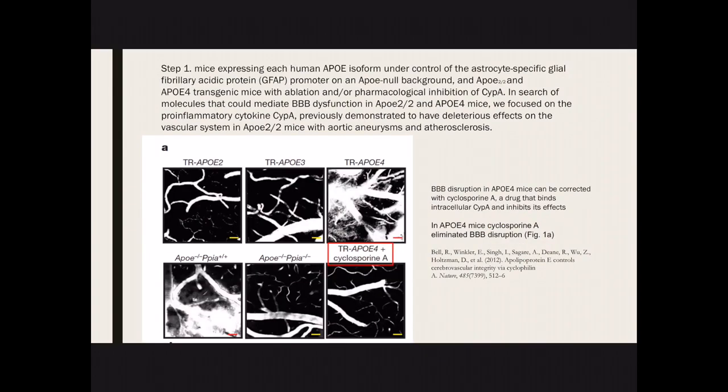In the next slide. Here is what you see when you have a leaky blood-brain barrier, and you see here that stuff is leaking out of the microvessels. CYP-A here is compromised.